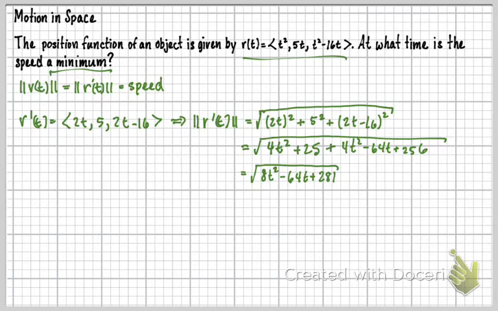When I look at this, I want to think of it as (8t² − 64t + 281) to the 1/2 power, because then I just have a chain rule here: a power rule with a chain of another power rule.